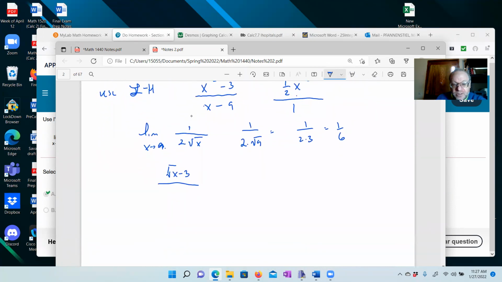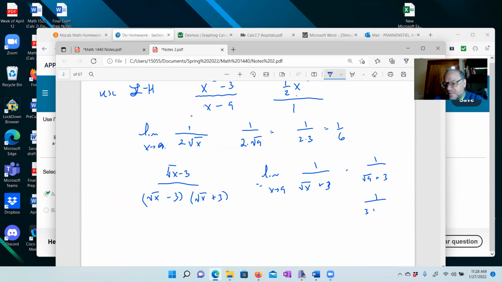You could say this is the square root of x minus 3, the square root of x plus 3. These guys cancel, so we're just left with 1 over square root of x plus 3, limit as x goes to 9. So we have 1 over the square root of 9 plus 3. So this is 1 over 3 plus 3, which is 1 over 6.